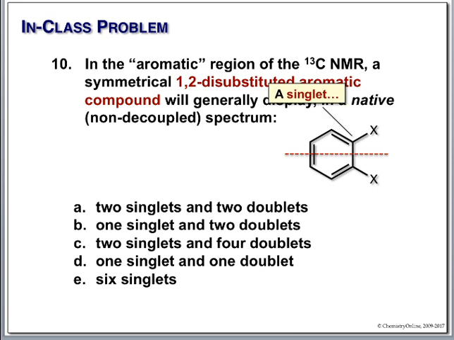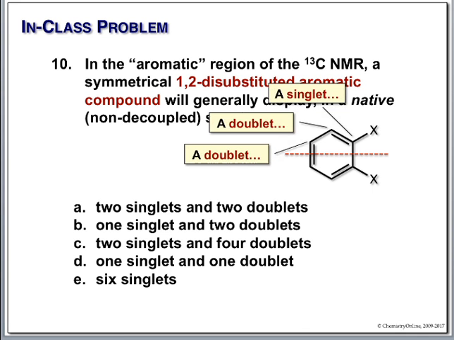There's our singlet. This has one hydrogen, so it's a doublet. This has one hydrogen, so it's also a doublet. So what we're looking for is a singlet and 2 doublets in our array of answers. And I think B works. Any questions?